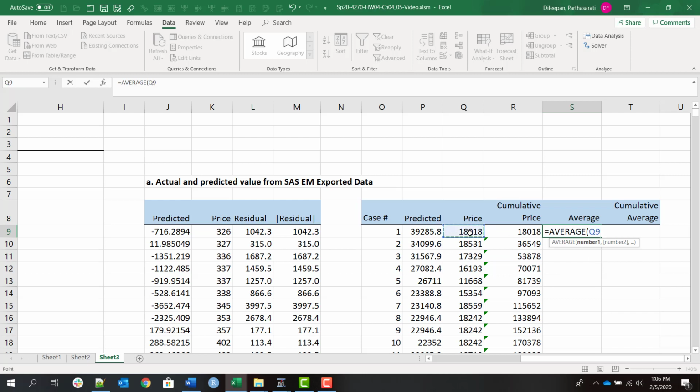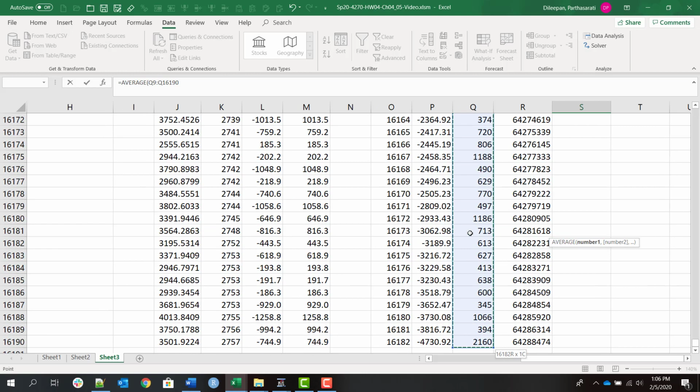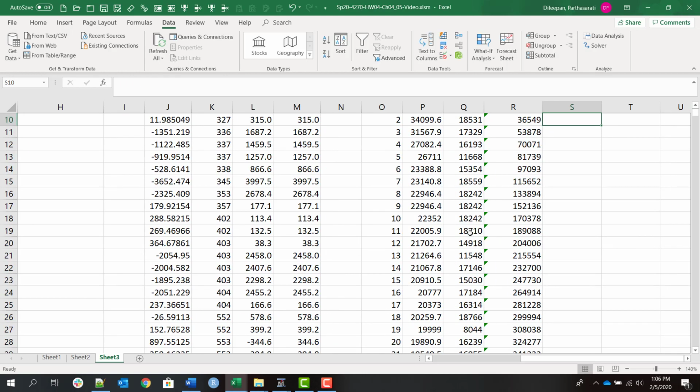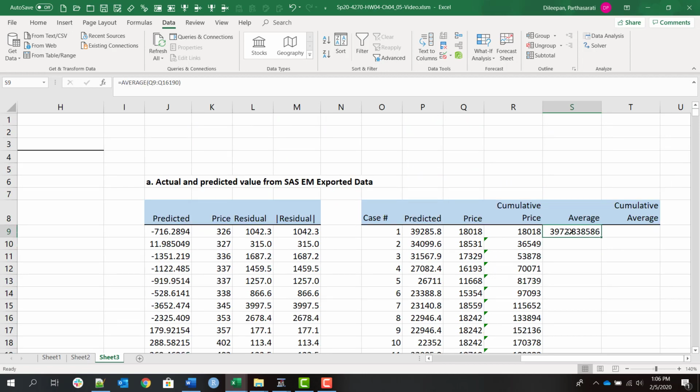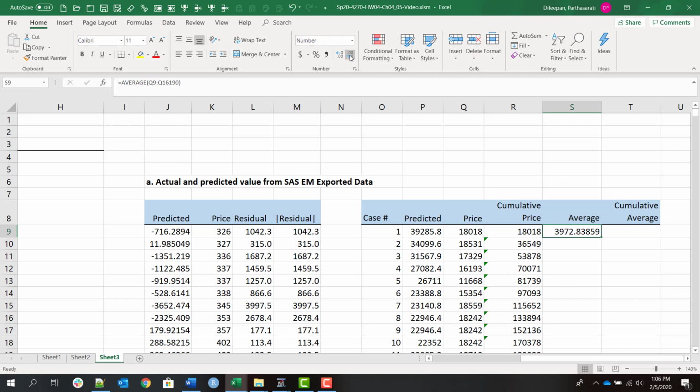of the actual price. Okay. Okay, so that's the average. Now you want this column to be average. Okay, so we are comparing the actual price against the average price. So we're going to pair each actual price with just the average.